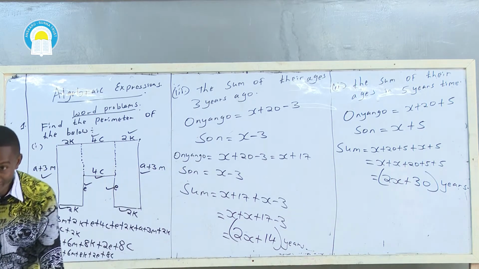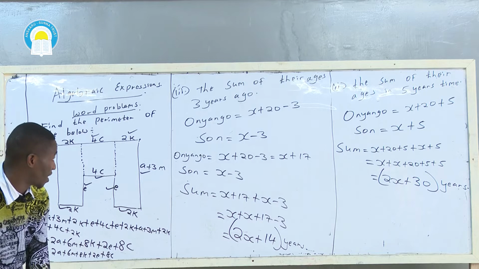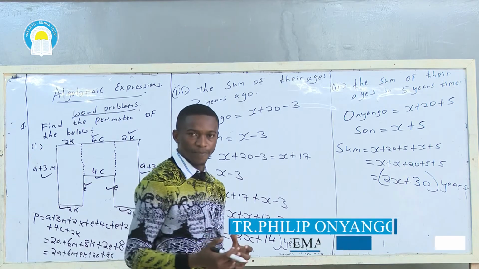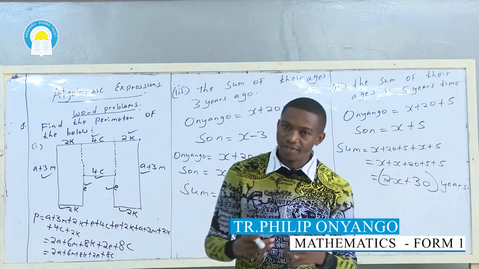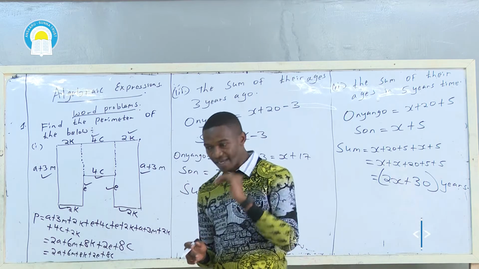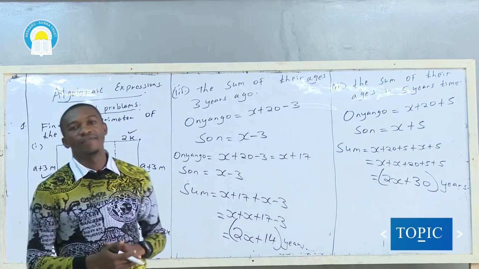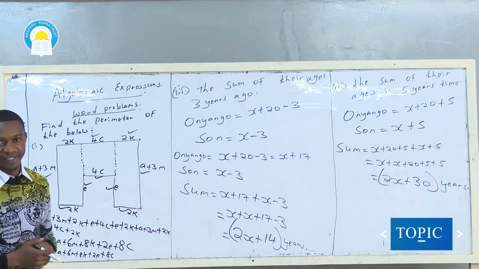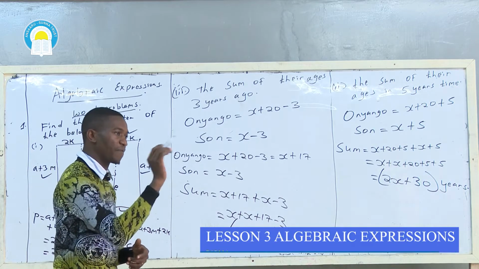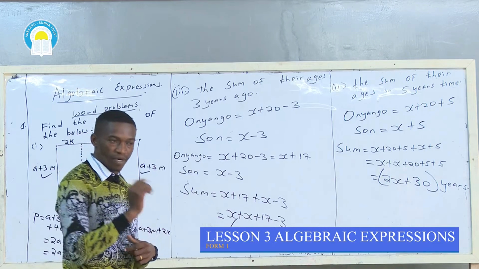That one you have to know and take keen note of. Remember, when you want to calculate the ages of individuals in an easy way, the first thing you must always do is write the names of those individuals. Then you write their present ages. So when somebody asks you 5 years time, you just put plus 5, then the other person's age plus 5.